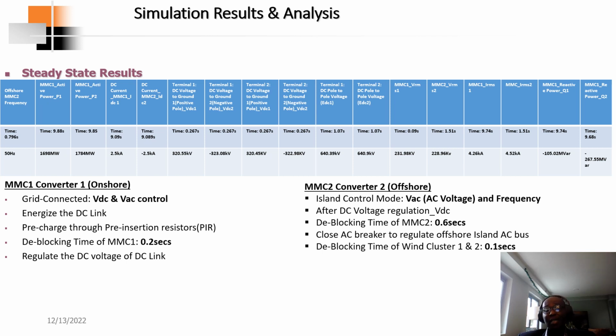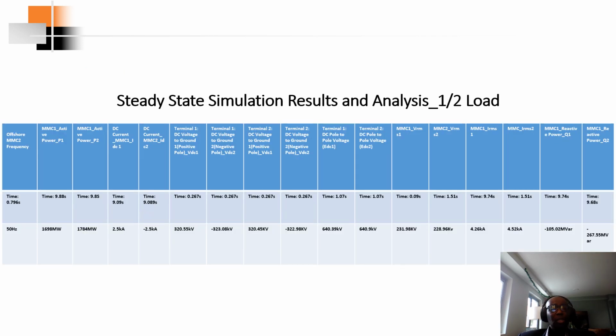Then basically this occurs after 0.6 seconds. Then the AC breaker is closed to regulate the AC bus. Then after that, deblocking of wind cluster 1 and 2. Similarly, the next slide shows nicely tabulated results for half load.